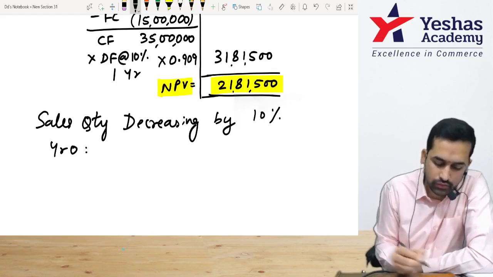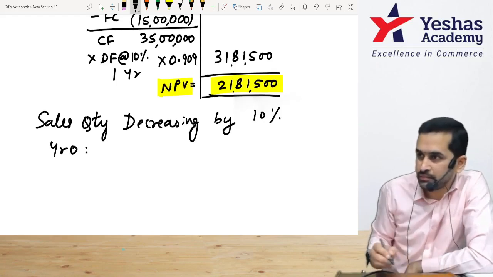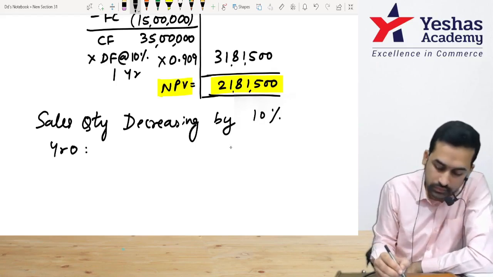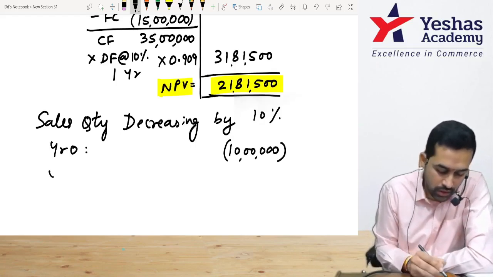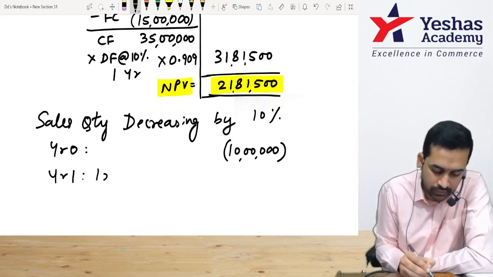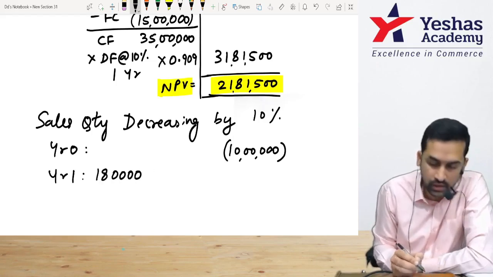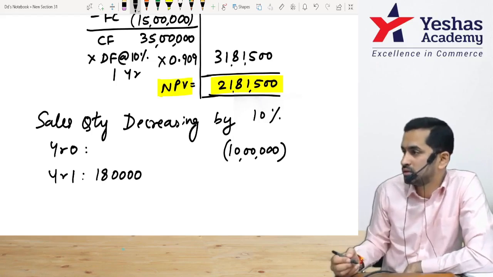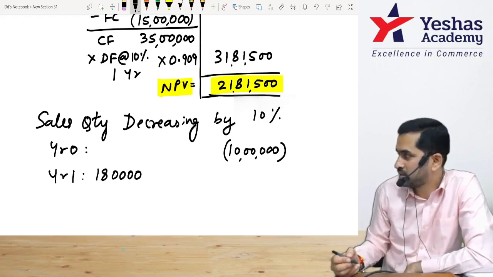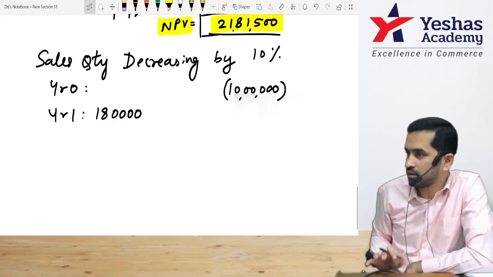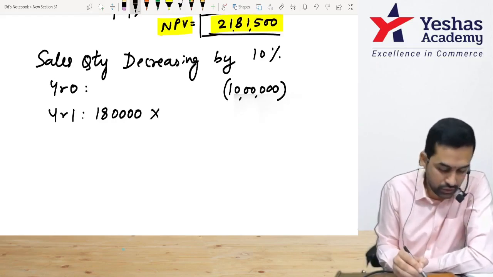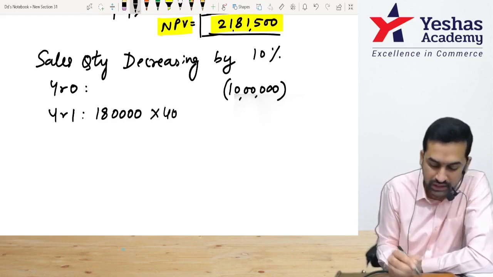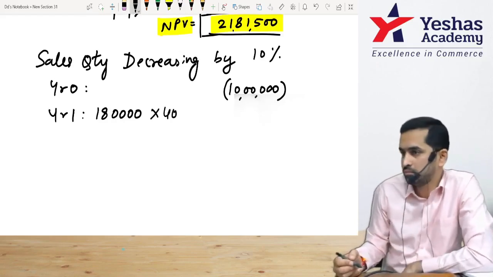Year 0, there is no change. Year 1, sales will be 2 lakh minus 10%. It is 1 lakh 80,000 units. No change in price.